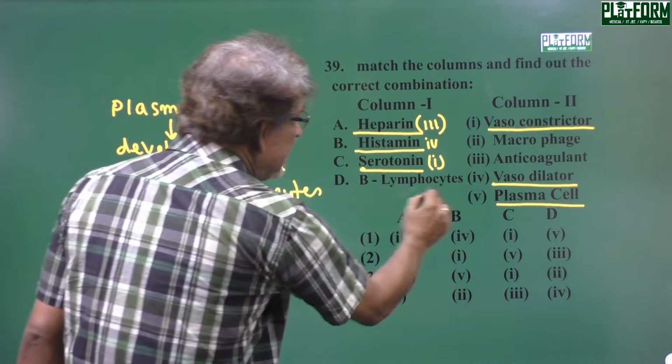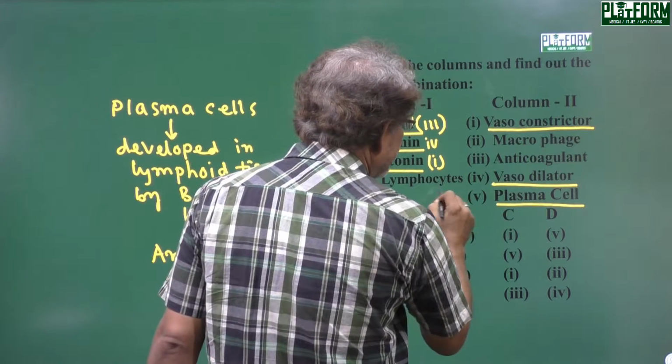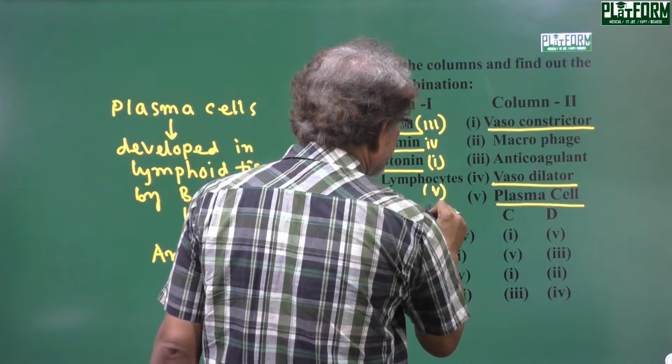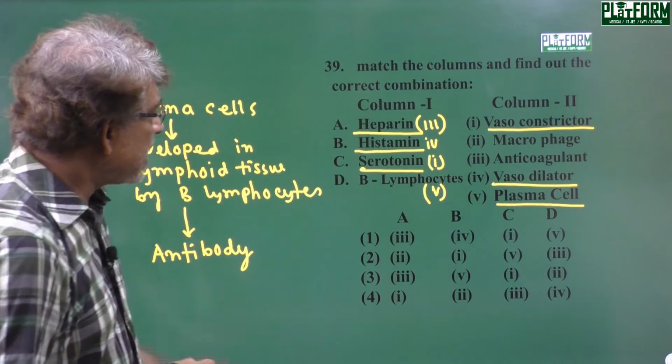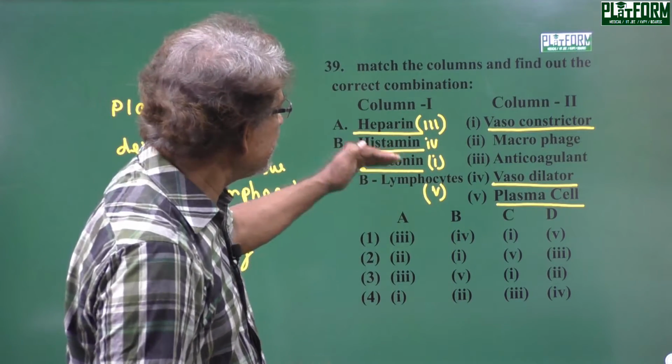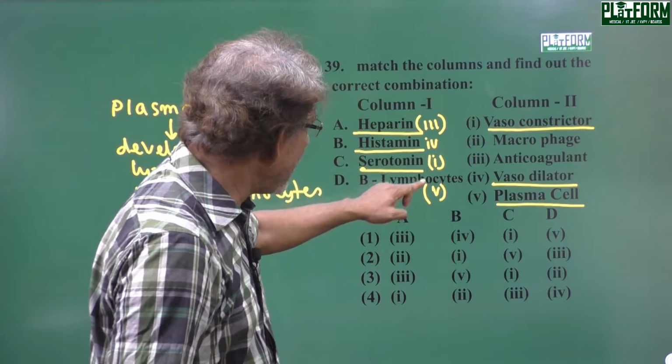So B lymphocytes is related to plasma cell. So your correct sequence, correct option 3, 4, 1, 5.